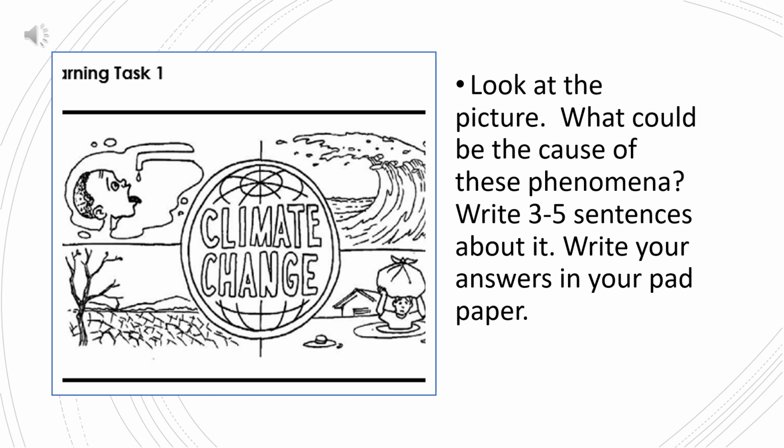Then during viewing, you try to make connections among the images to the given words climate change. The after viewing, by now, you are thinking on how you will stop climate change after realizing what could be the effects of climate change to human beings. Okay? So that is learning task 1.